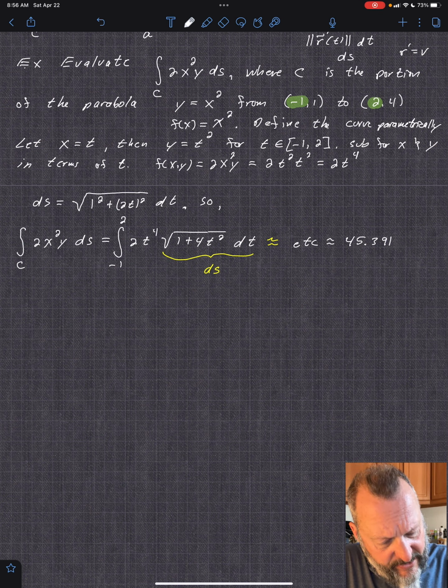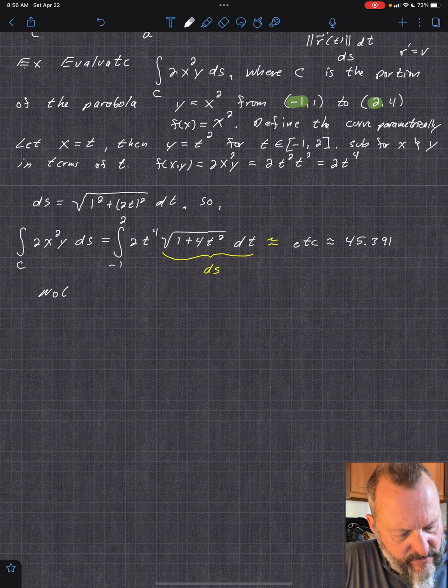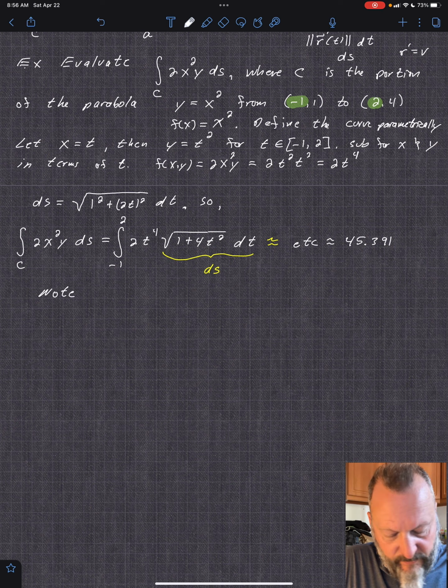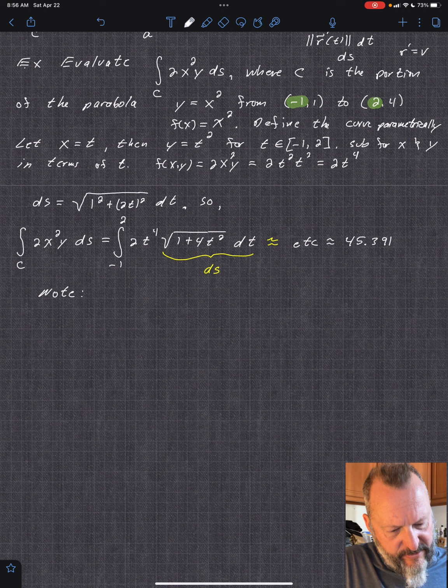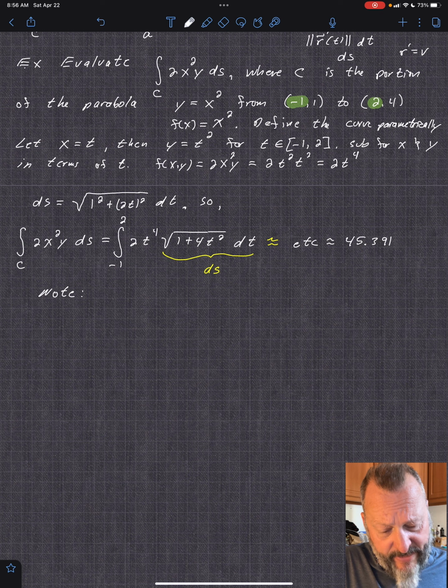Okay, a couple things. Note, you can write the line integral like this.